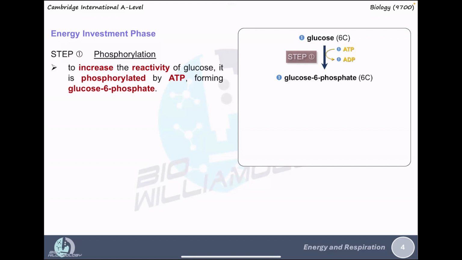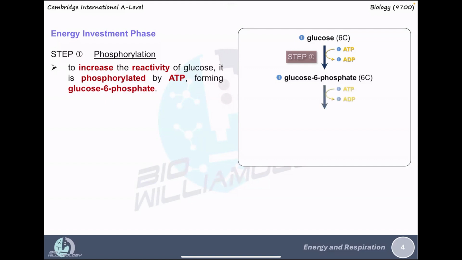ATP donates a phosphate group to glucose so that glucose now accepts one phosphate group to form glucose 6-phosphate. However, glucose 6-phosphate is still relatively non-reactive. The energy level is not high enough to split it into two molecules of triose phosphate.